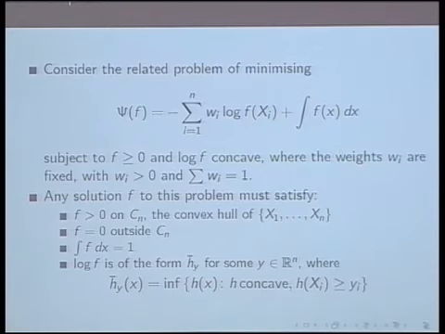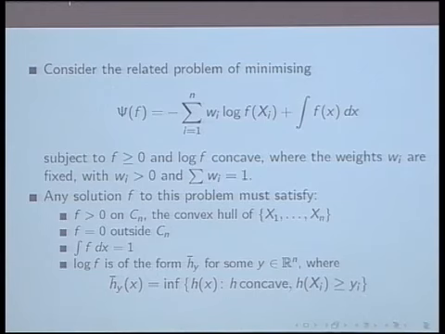And the key point here is that the density is going to have a particular form. It's going to look like one of these functions, indexed by a vector y, taking values in R^n. So we've got one y for each observation. And it's going to be the smallest concave function that sits on top of these y_i.